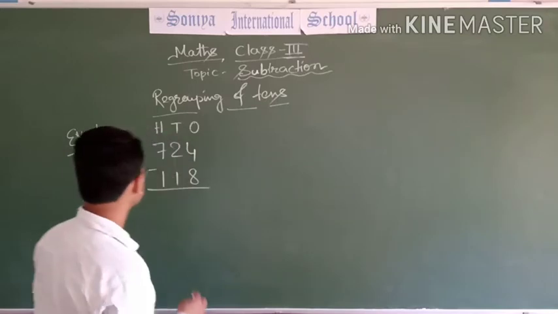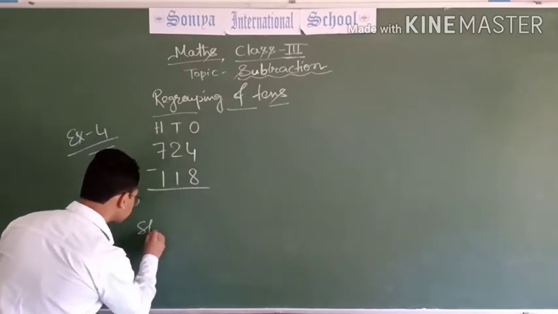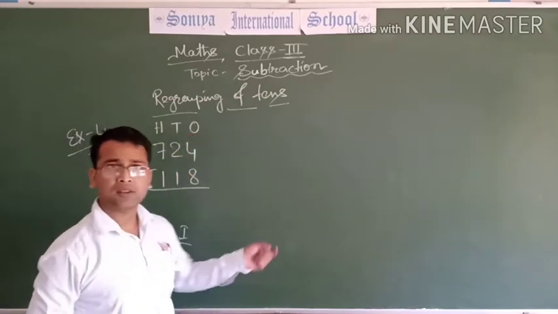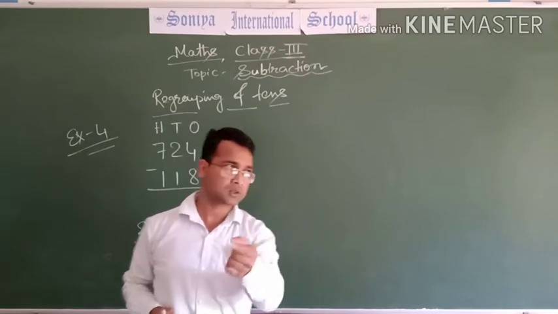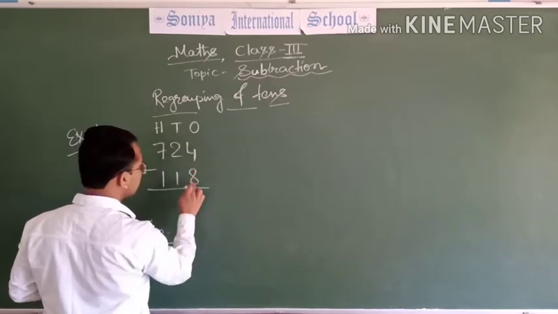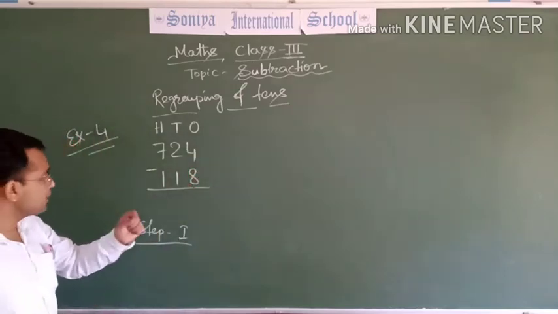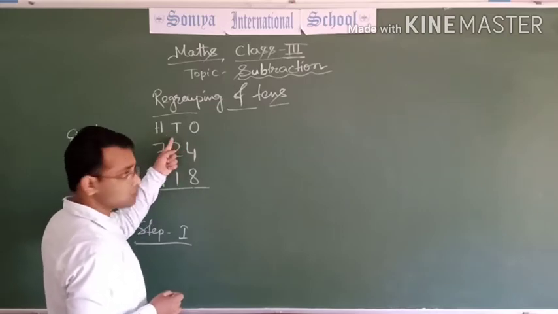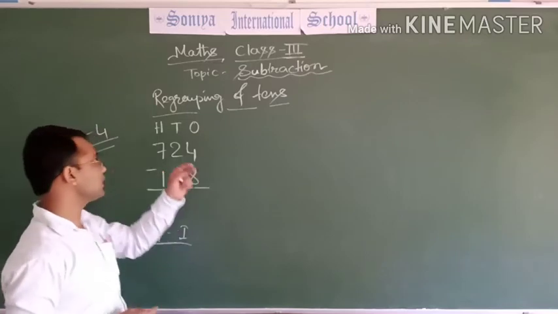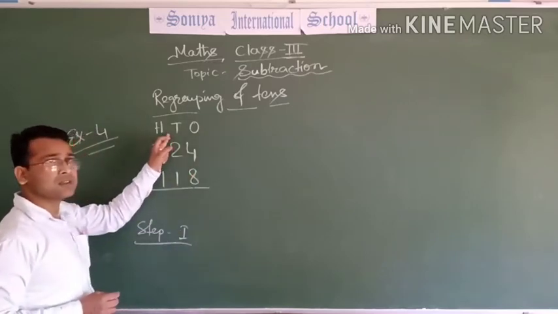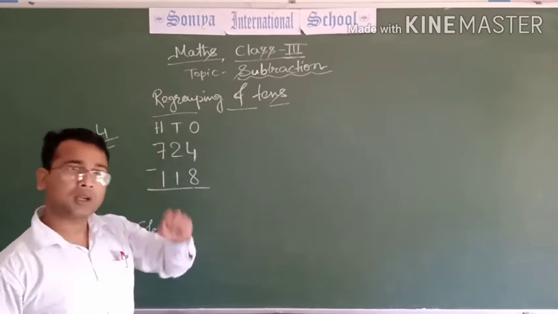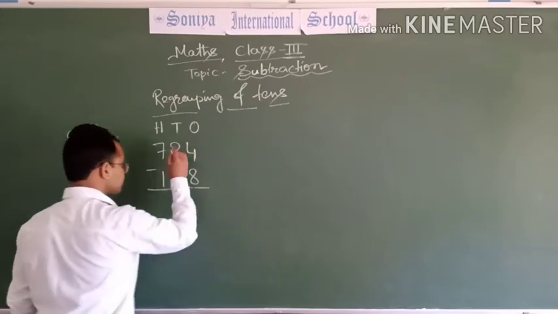Step 1. Remember, only the ones place addition or subtraction. Here it is subtraction, so subtract from each other. 4 is less than 8, so carry from the tens place, that means 1 ten, and add ten. Whenever you carry from the tens place, then add ten.